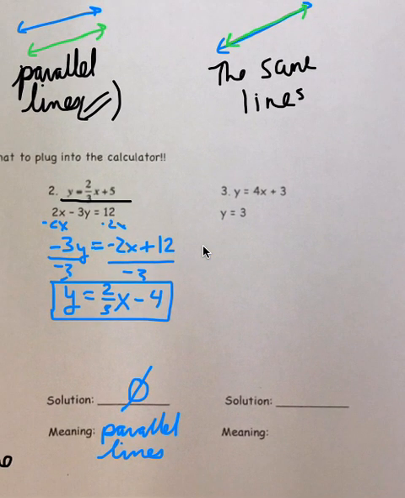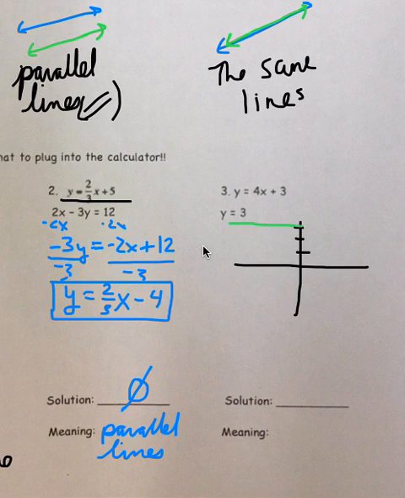And then this last one, they're both in y equals. We have y equals 4x plus 3 and y equals 3. So if we were going to graph this, y equals 3 is going to look like this, and y equals 4x plus 3 goes through here and has a slope of 4. They're going to hit right here.